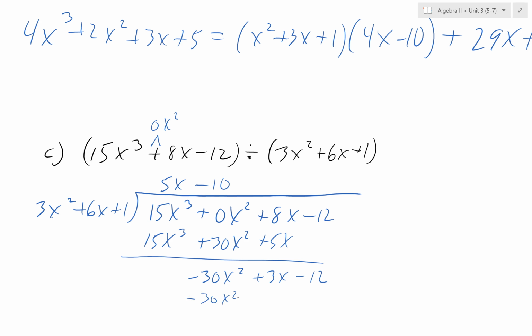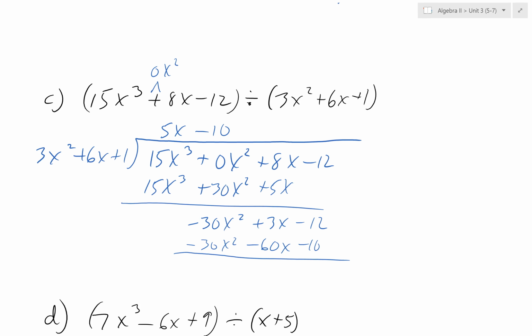Negative 30x squared minus 60x minus 10. Subtract. We get 90x minus 2. Do you agree? Oh, not 90. What is that? That is 63x. Sorry, I don't know where the 90 came from. 63x minus 2, and that's our remainder.